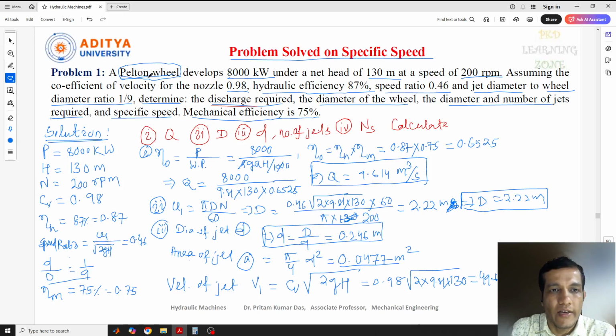Though it is given here, from the specific speed also we can identify which kind of turbine it is, as I told in the last video lecture. These are the formulas which helped to solve this one, and we need to remember them.